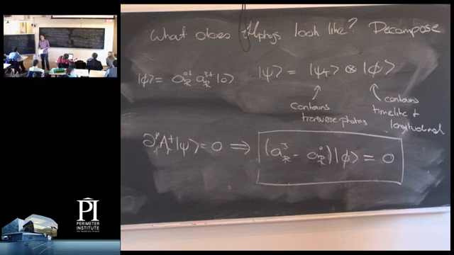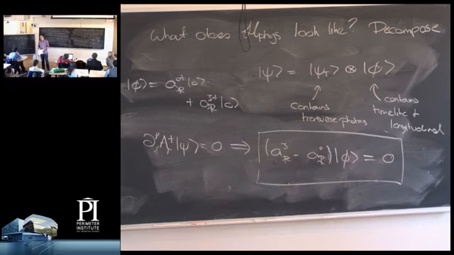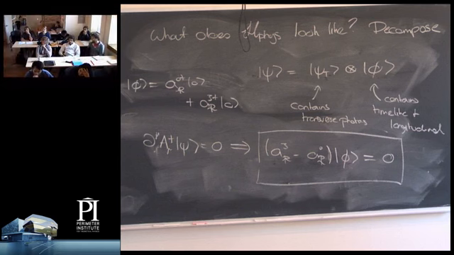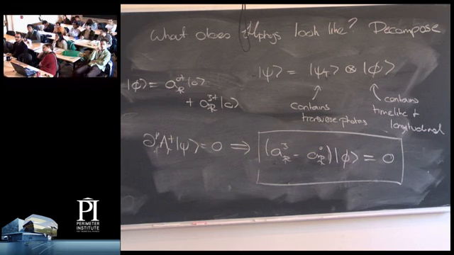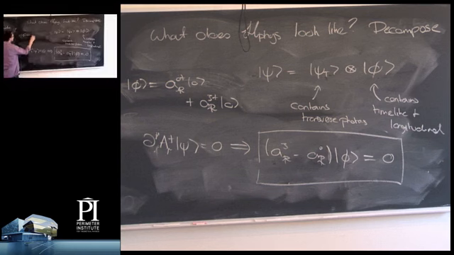I didn't think about this hard enough before I stood up. So if you have a linear combination of two states, the result has zero norm, because the longitudinal state has a positive norm and the time-like state has a negative norm, and they cancel each other.